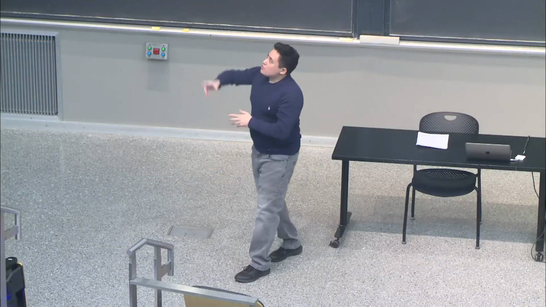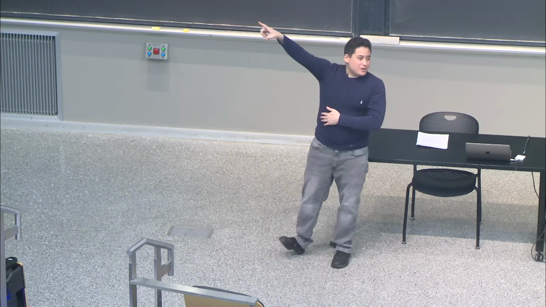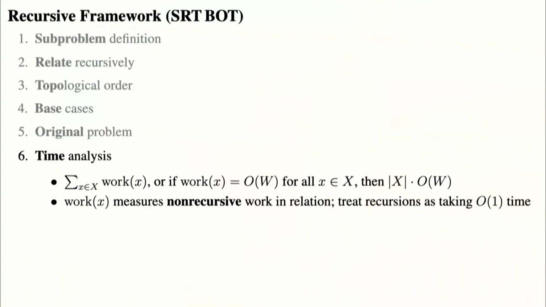And then the work done by each subproblem is usually the size of the thing I'm maximizing over or minimizing over or summing in my relation. It's going to be the size of the branching that I have, the number of subproblems I depend on. And so for the number of subproblems, you look at your subproblem statement definition. To find the work done by each subproblem, you look at your recursive relation, okay?